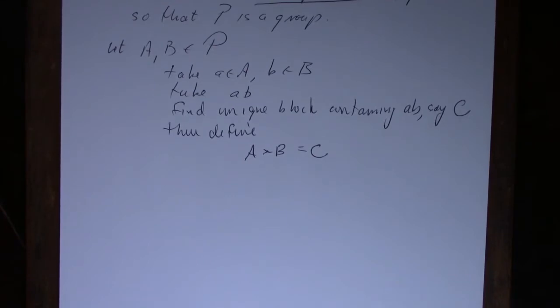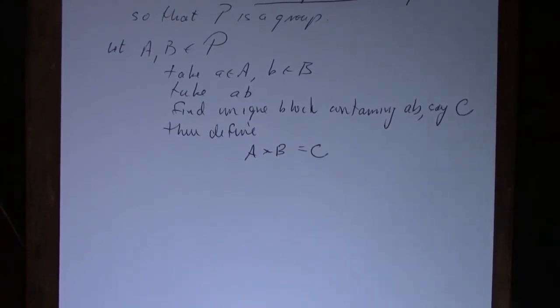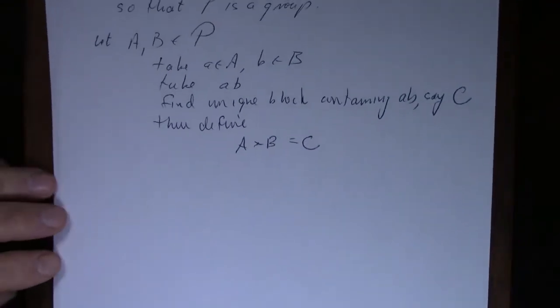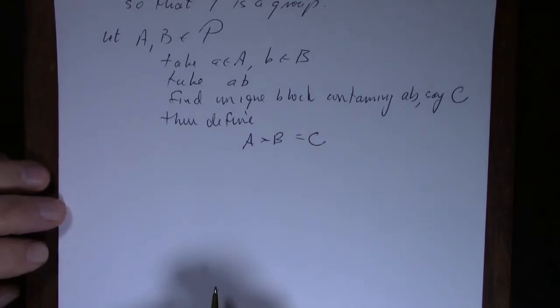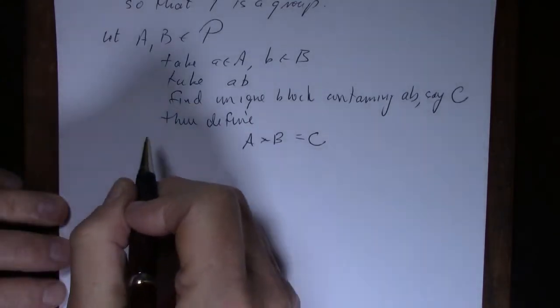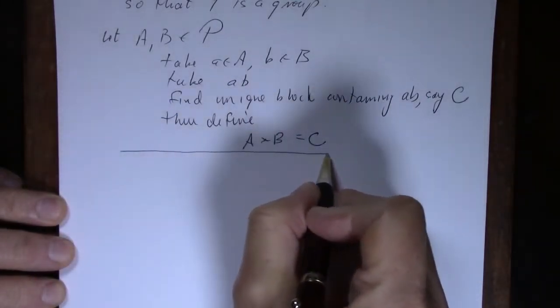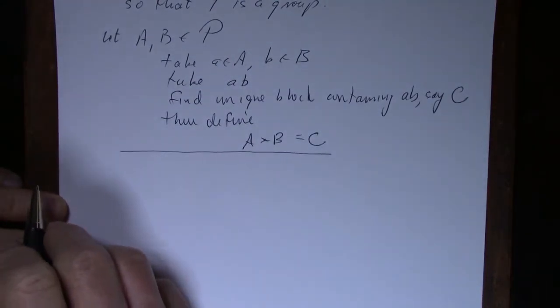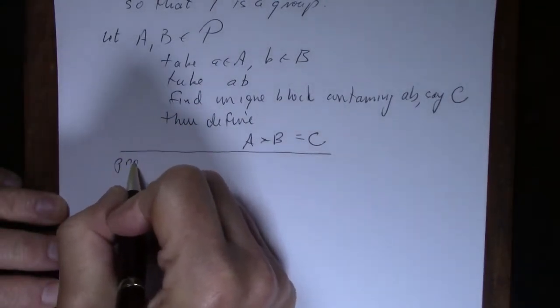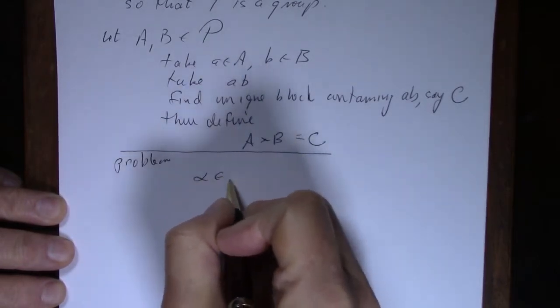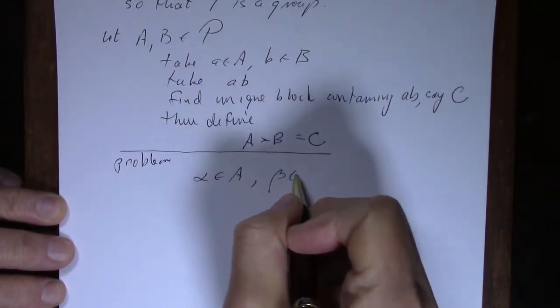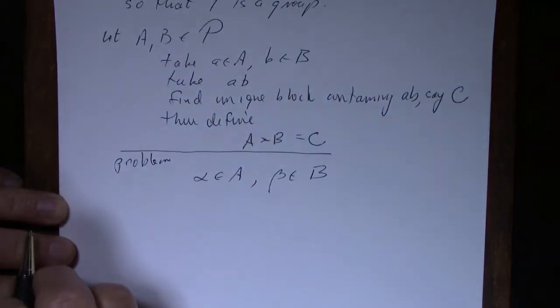Well, this is great, except there's one problem. It might be a good idea for you to pause the video right now and see if you notice the problem as well. The problem is, what if somebody else picks different elements from the two blocks, say alpha in A and beta in B?